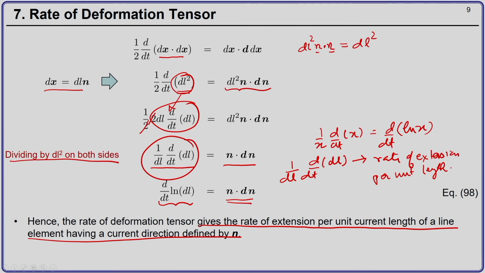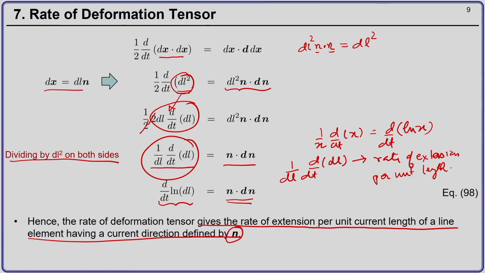And this is for a line element whose current direction is along vector n. So, it is giving you the rate of stretch of the current line element dx.